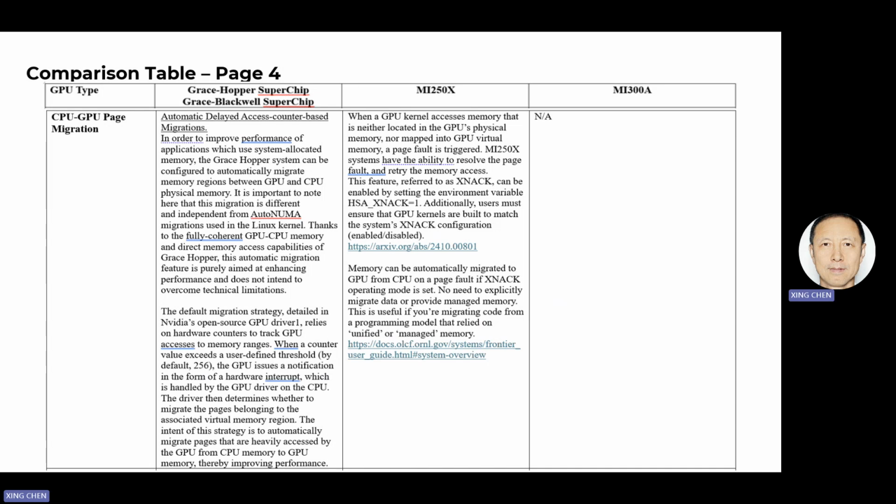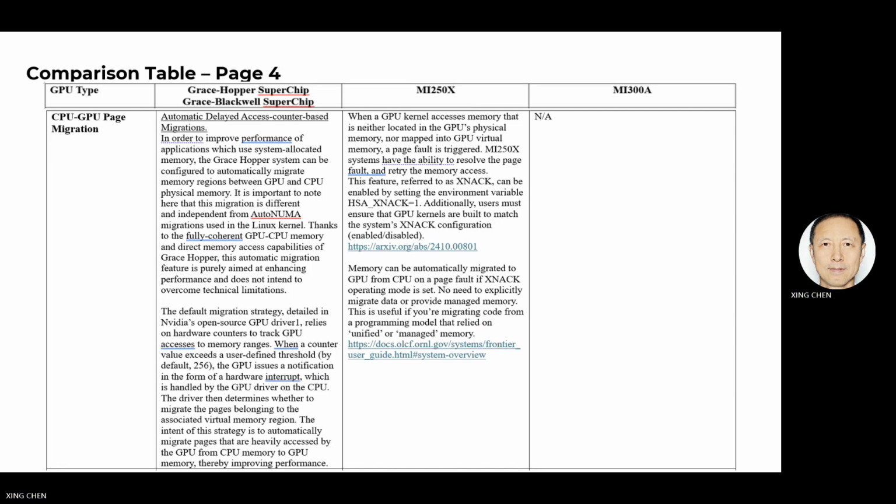If the CPU is working on this piece of data, the data should be in the CPU's memory, because you don't need to go through the NVLink C2C to access the memory. That's going to make things complicated, and you also have to care about cache coherency. So this is what programmers want to have.